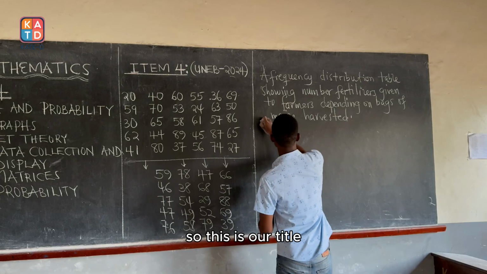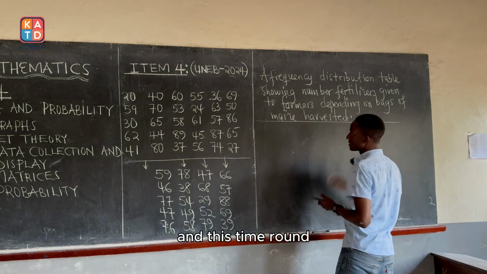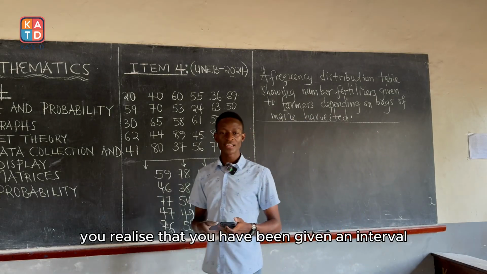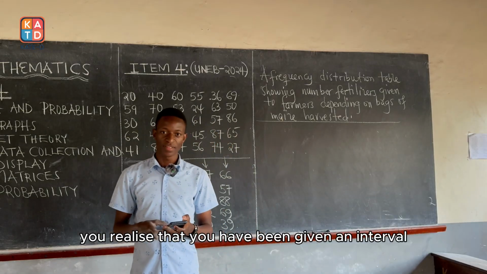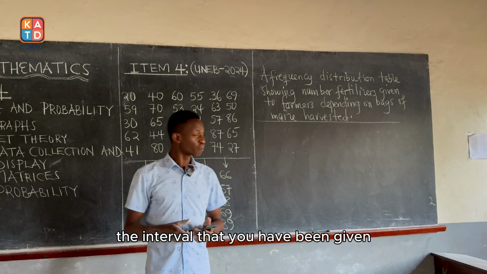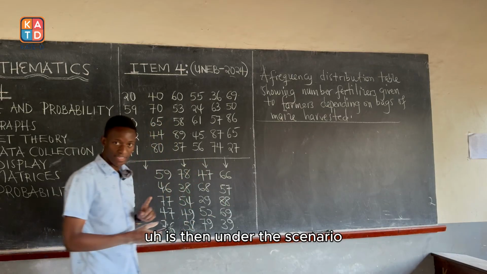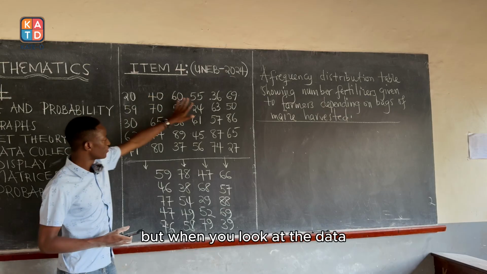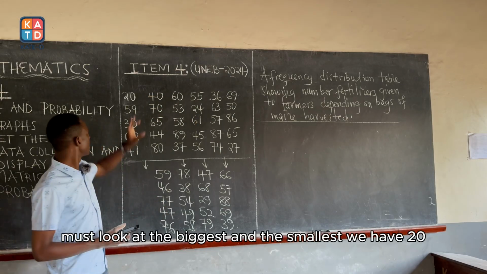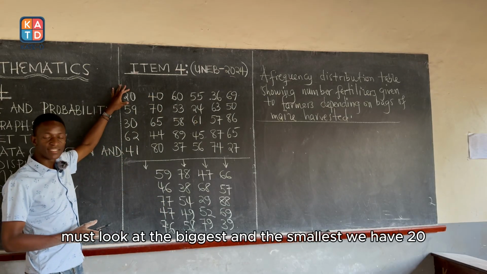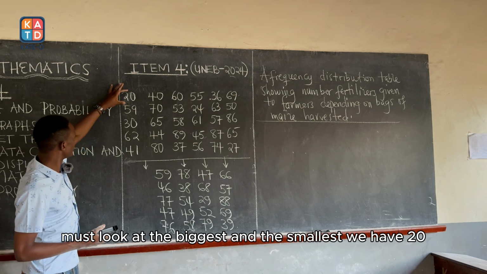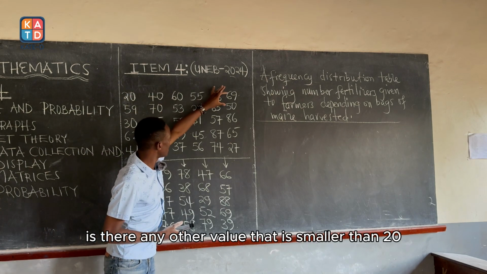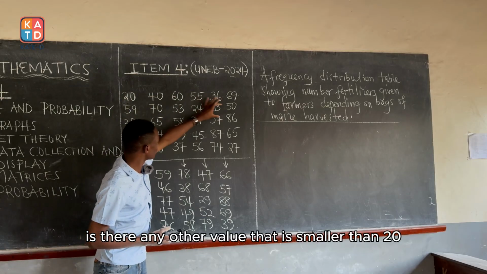So this is our title, and this time round, you realize that you have been given an interval. The interval that you have been given is 10 under the scenario. But when you look at the data, you must look for two things: the biggest and the smallest. We have 20. You locate, is there any other value that is smaller than 20?